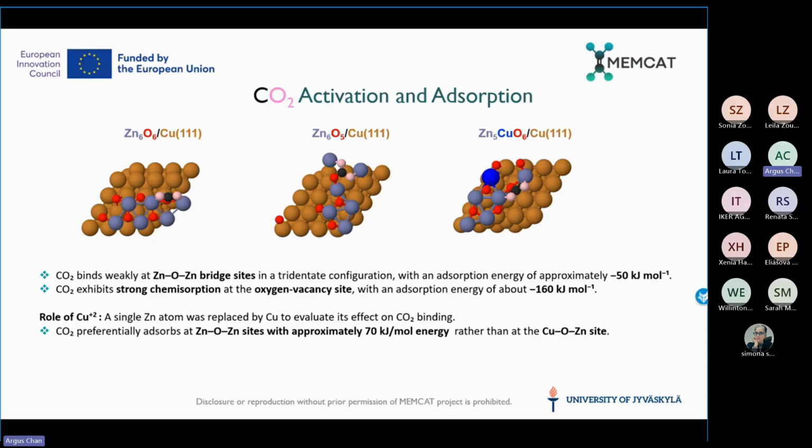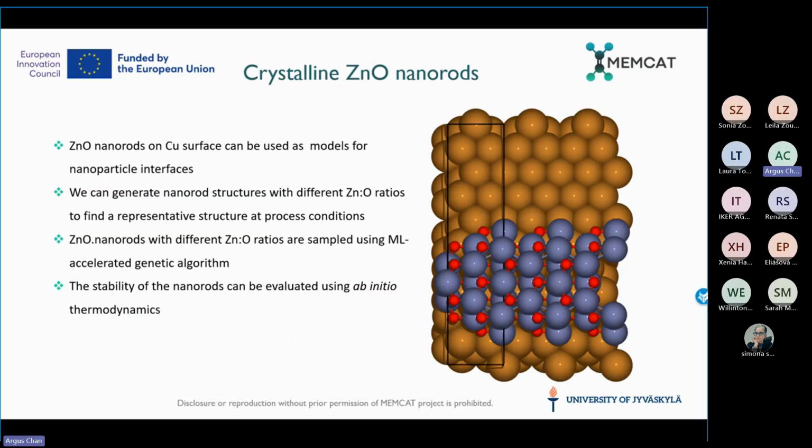And when we tested the structure where we included also a copper into a zinc oxide, we noticed that the CO2 doesn't want to bind to this copper that is on the zinc oxide, but it preferably finds this zinc oxygen motif where it binds. Independent of what structure we have, the binding is about the same, 70 kilojoules per mole. But Annette pointed out to us that, under reaction conditions, they see some crystalline structures.